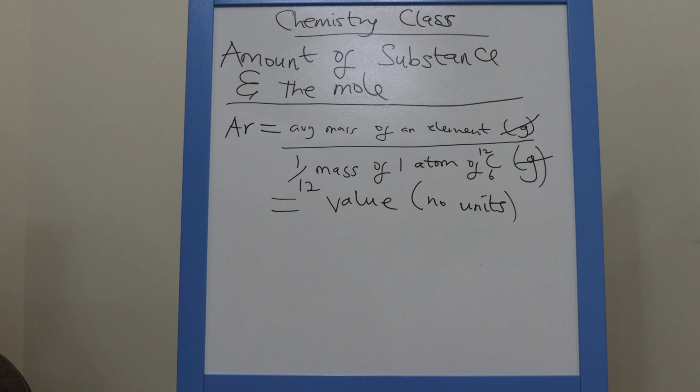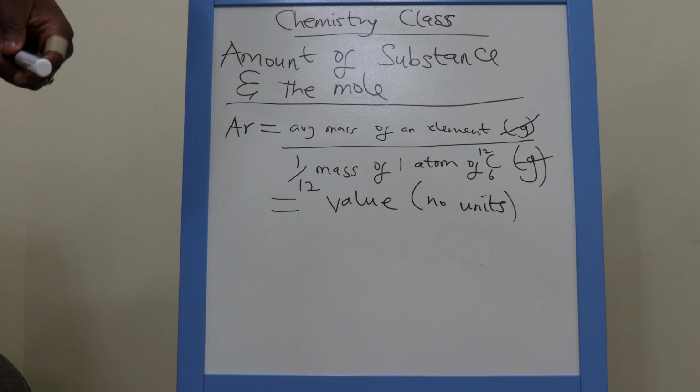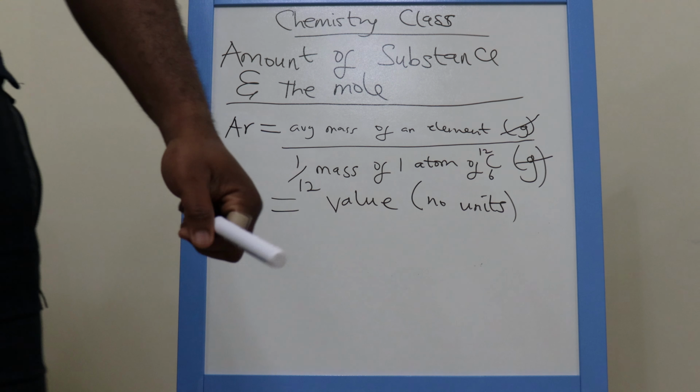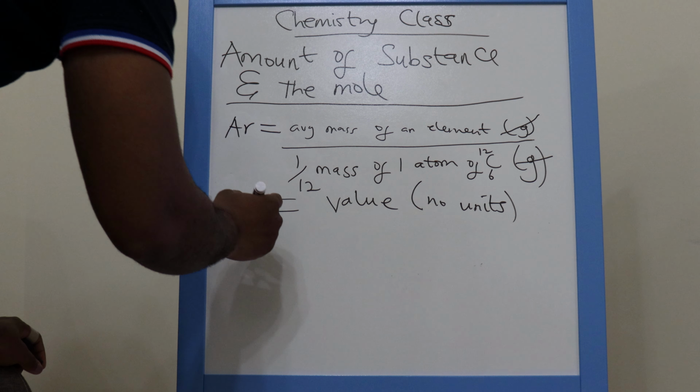We have the atomic mass unit. The atomic mass unit is 1/12 of the mass of one atom of carbon-12, represented by mu.